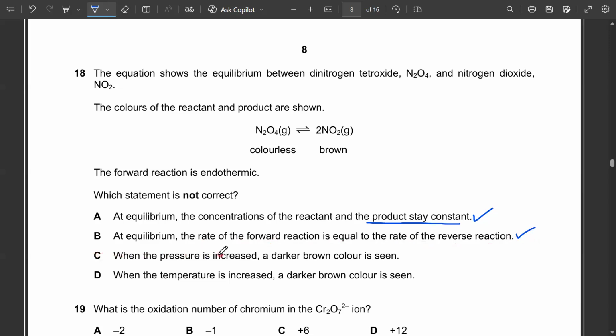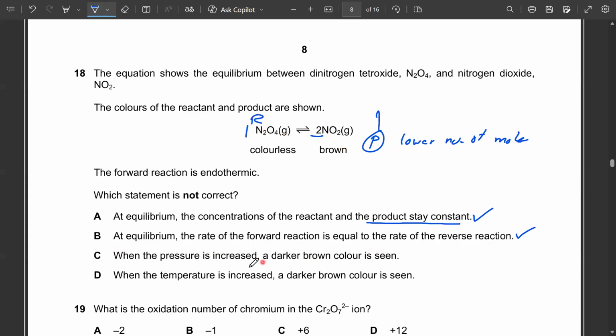Then C: when the pressure is increased, a darker brown color is seen. According to the equation, we have 1 mole of the reactant and 2 moles of the product. Increasing the pressure moves the equilibrium towards the side with the lower number of moles, and here the fewer moles are on the reactant side.